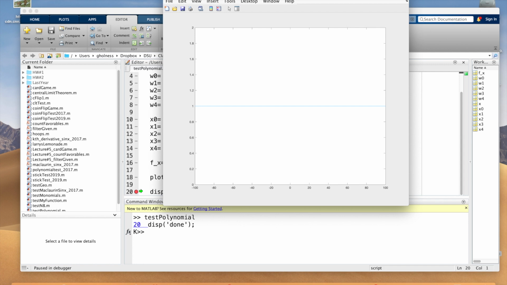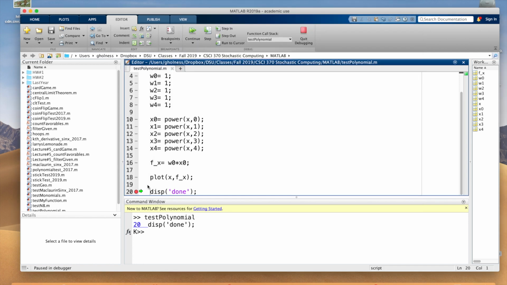Okay, so now let's see what happens. Quit the debugger. If instead of W0 X0, I say W1 X1, right? Now W1 X1, all right, that's just W1 times X. X is to the first power, so it's just W1X. So let's see what that gives us.